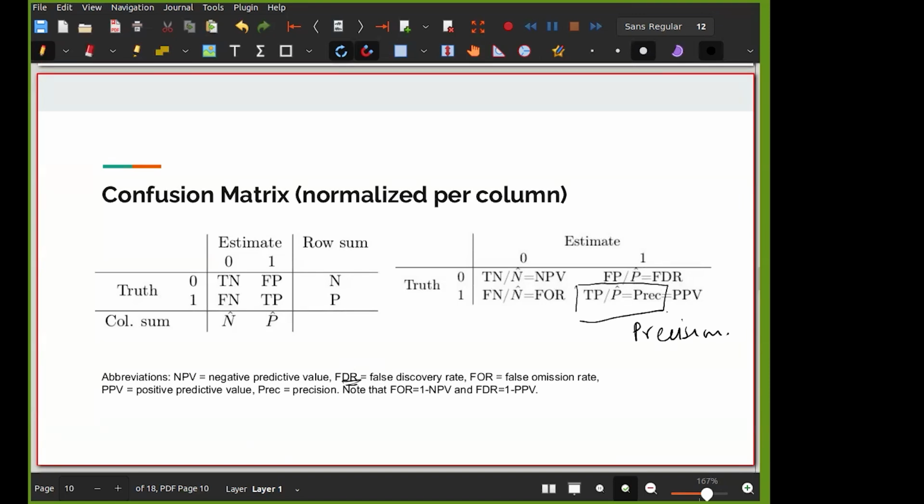Anyways, precision is the most important one, and the second most important one I feel might be false discovery rate. So that's how normalization by column can give you newer metrics, and they also might be useful in various cases. But in my experience, precision is the most important. FDR might be useful in some cases, but still not that popular.